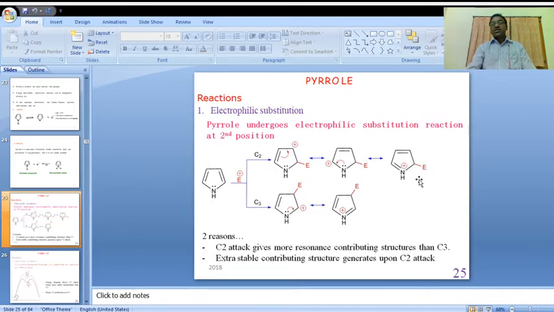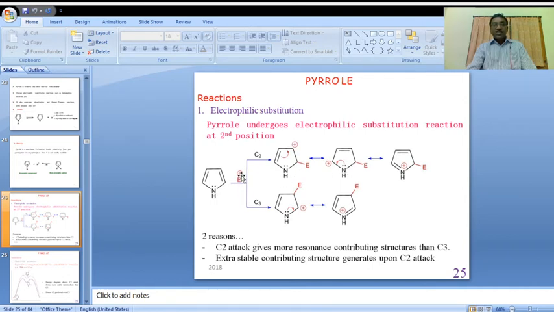This is another resonance structure from attack of the electrophile on the C2 position. From this we cannot write another one. With loss of the electrophile, we will get the first compound.